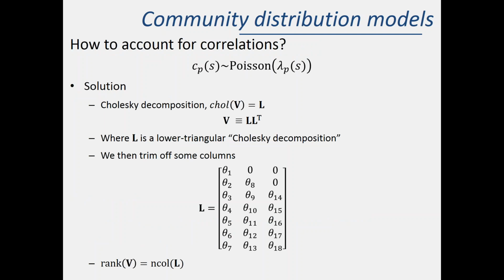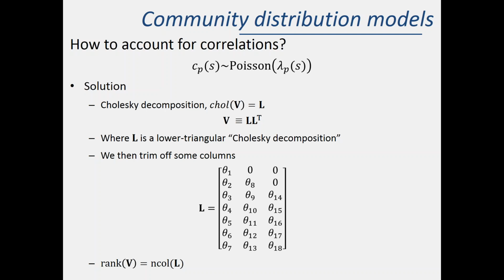So the trick that I started with is the same trick that factor analysis uses, and so I've been calling this spatial factor analysis. That trick is based on the Cholesky decomposition. The Cholesky decomposition of the covariance matrix gives you a lower triangle matrix where the diagonal and everything below the diagonal is non-zero, and everything above the diagonal is 0.